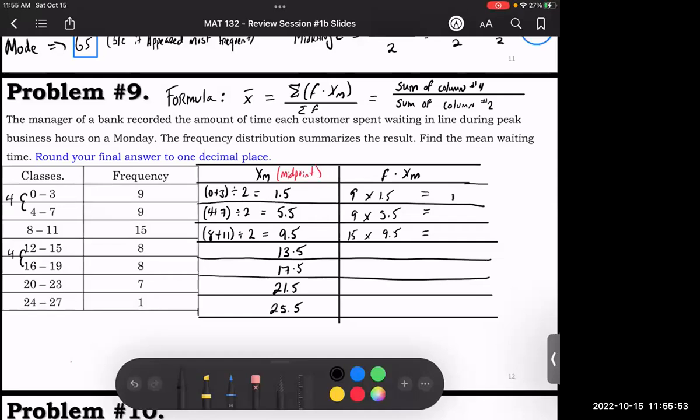Okay. 9 times 5.5 will be what? Yes, 49.5. Then we do 15 times 9.5, which is 142.5. Then we do 8 times 13.5.